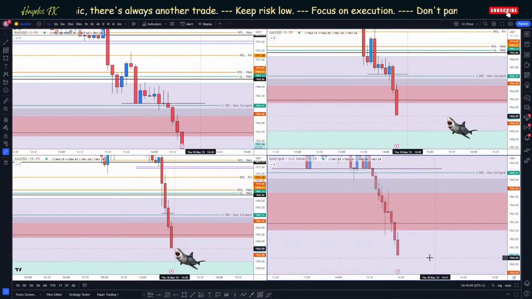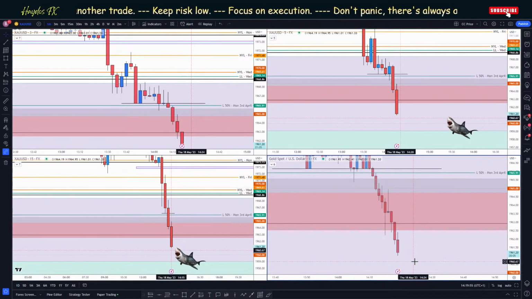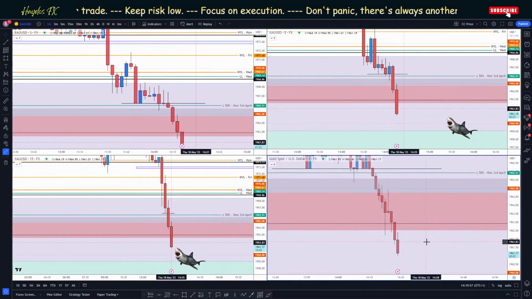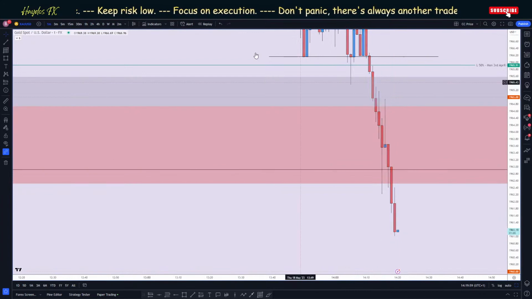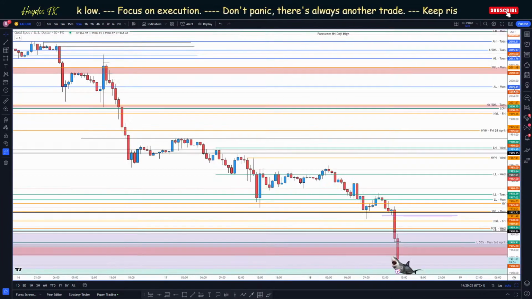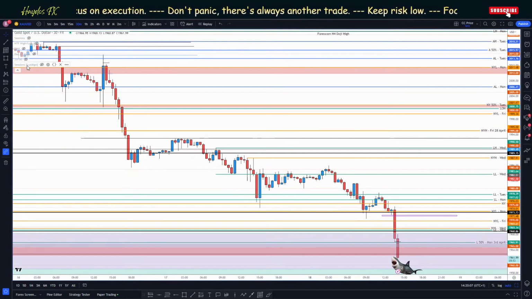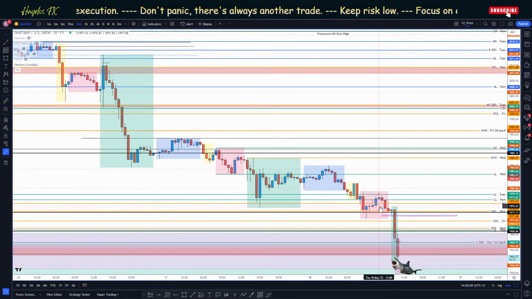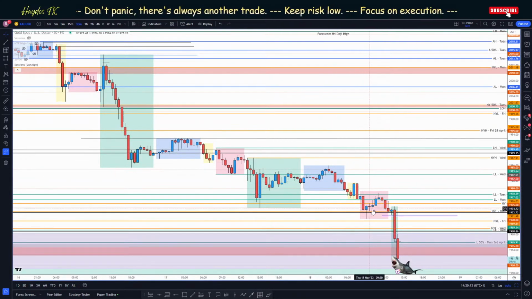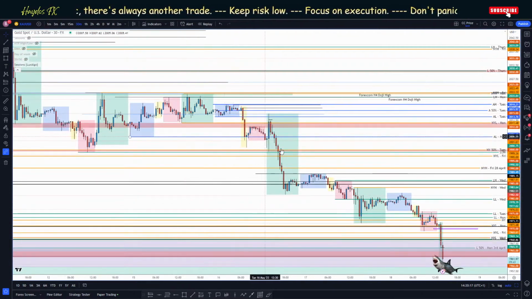Okay. So let's look at the range. So it's not too much yet, but we've been down, down, down, down. We've had quite a bit of down days.